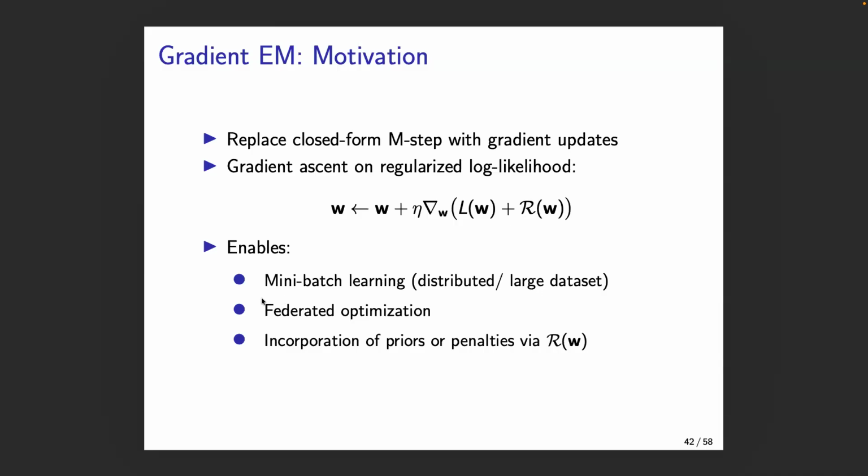With gradient EM, we can implement distributed learning on mini batches of the data set, so we can store the data sets on different machines. We can also implement different federated algorithms where this penalty term can be some sort of constraint for the loss function. Basically, that's introducing priors and penalties via this regularization term.